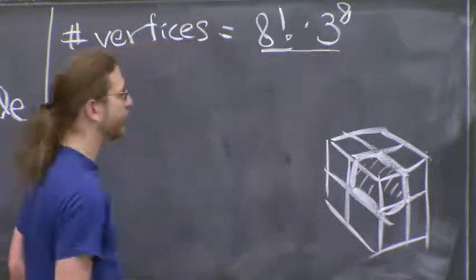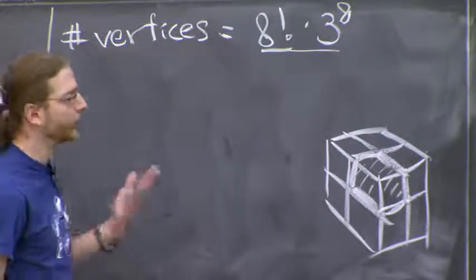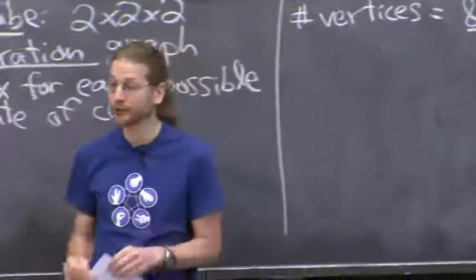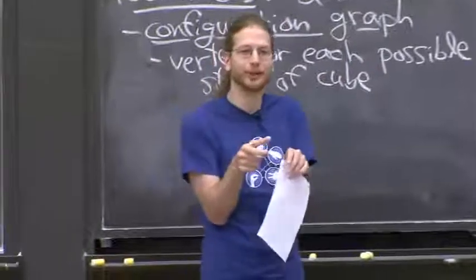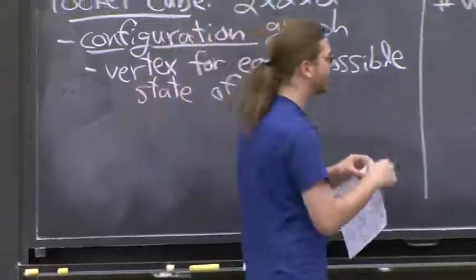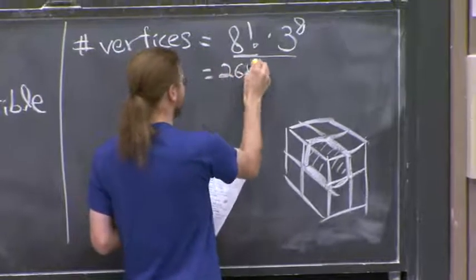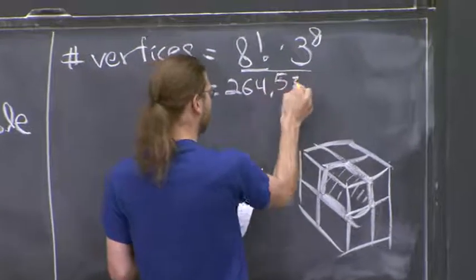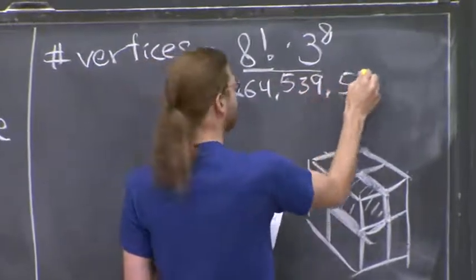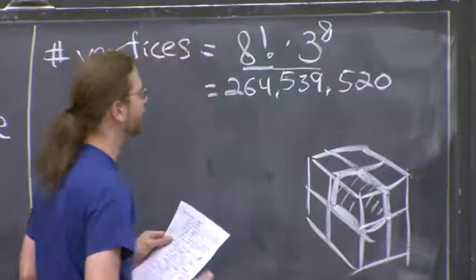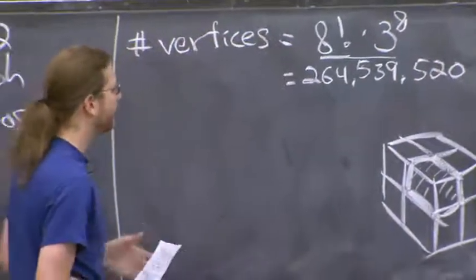You're not overcounting the number of configurations. All of those are, at least in principle, conceivable. If you take apart the cube, you can reassemble it in each of those states. And that number is about 264 million. OK, which is not so bad for computers. You could search that. Life is a little bit easier.